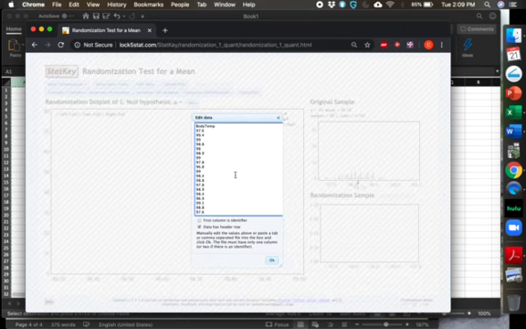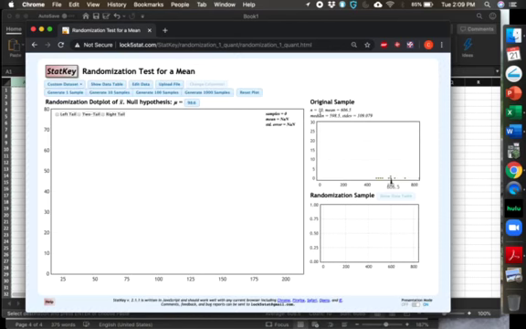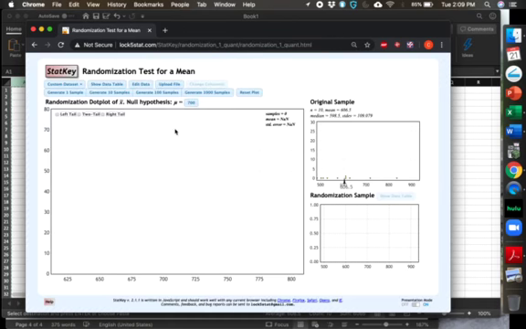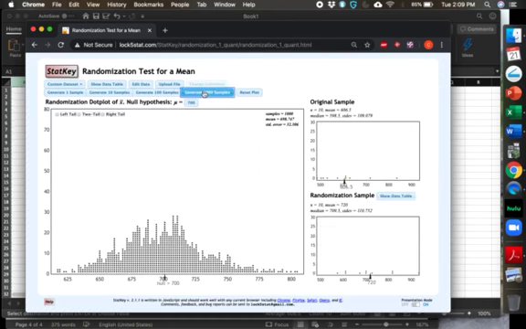When I edit my data, I'm going to make sure that I don't have a header row selected unless I actually have one. We said that there was 10 data points, and I see here that I have 10. My null hypothesis was that the mean was equal to 700. Let's change this value to 700, and now we can generate our samples.